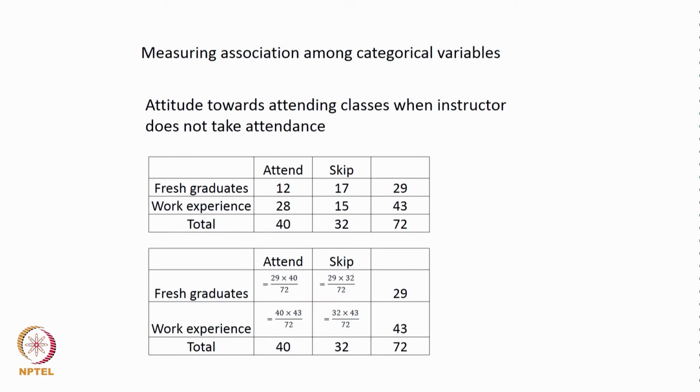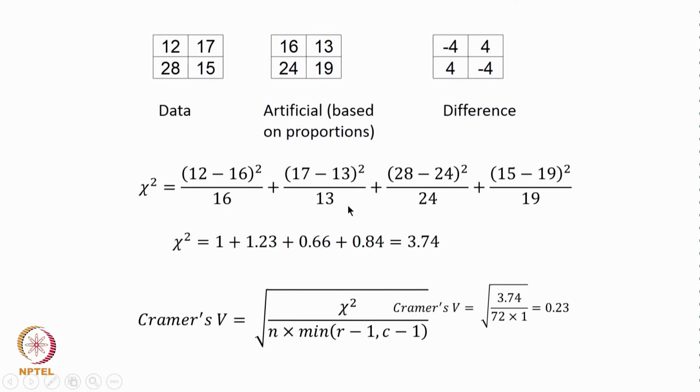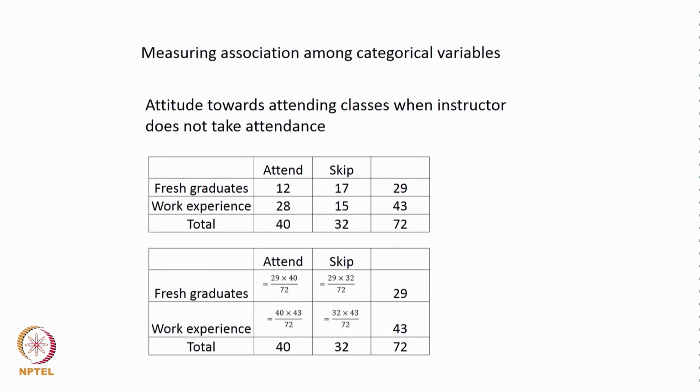So, when we started with the example of 12, 17, 28 and 15, we calculated Cramer's V to be 0.23, and therefore we would say that there is a weak association. One could conclude based on this example that one cannot say with certainty that there is a strong association between the type of student and the tendency to attend or to skip.